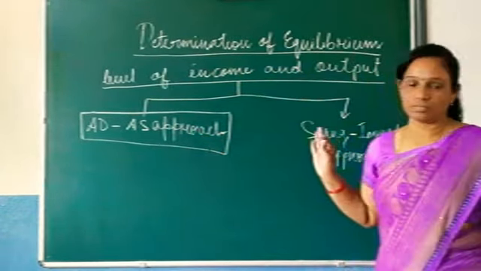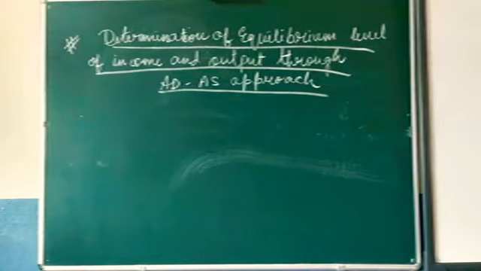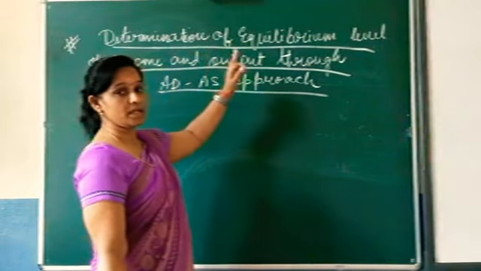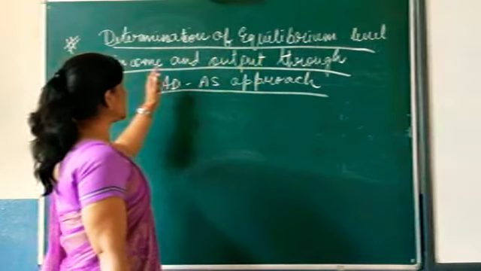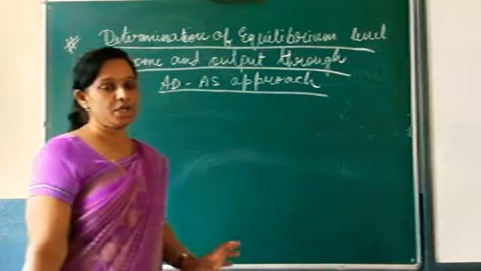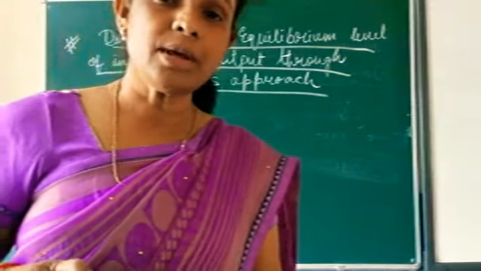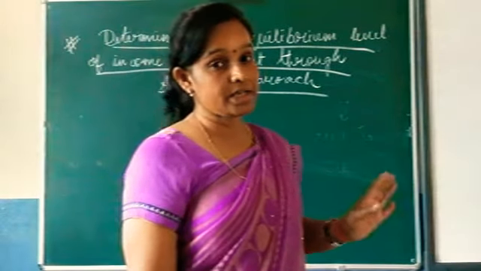Now we are going to start with the first one, that is determination of equilibrium level of income and output through aggregate demand, aggregate supply approach. That we need to do now. Is it clear? How we determine equilibrium level of income and output through aggregate demand, aggregate supply approach.